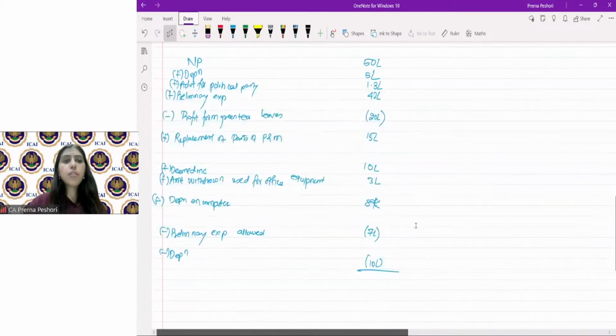So what will be my profit here now? 50 lakh plus 5 lakh plus 1.3 lakh plus 42 lakh minus 20 lakhs, then plus 15 lakh plus 10 lakhs, 3 lakhs you have to add it back, 80,000 you have to add it back, and minus 7 lakh and 10 lakh.